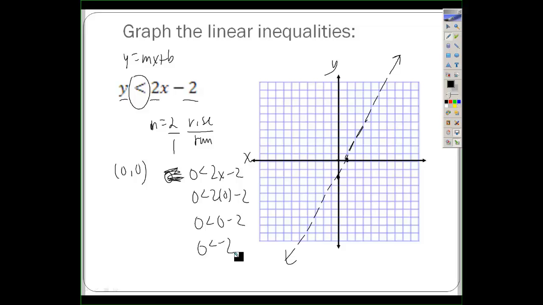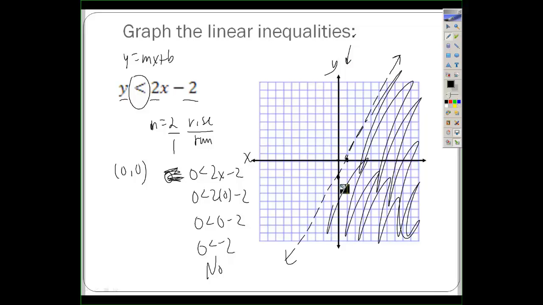I'm going to say no, 0 is not less than -2. And if this is the side that I got 0, 0 from on the top, this side, I'm going to say if that's not a solution, then this side must be the solutions. I'm going to go ahead and shade in the bottom.